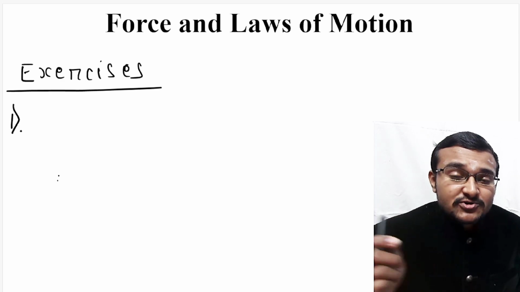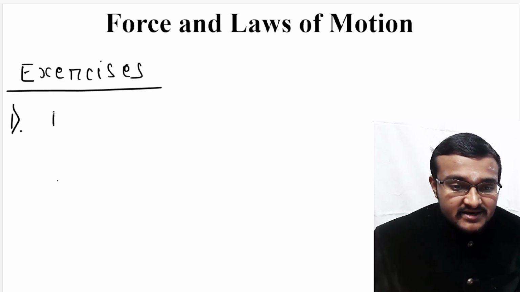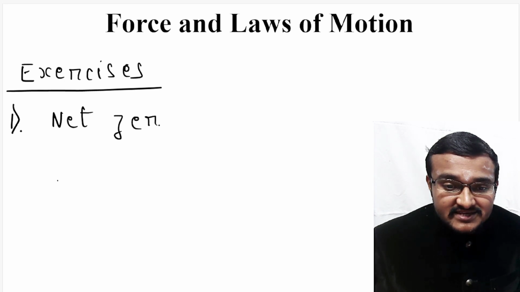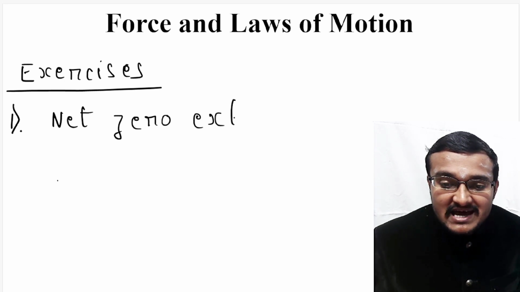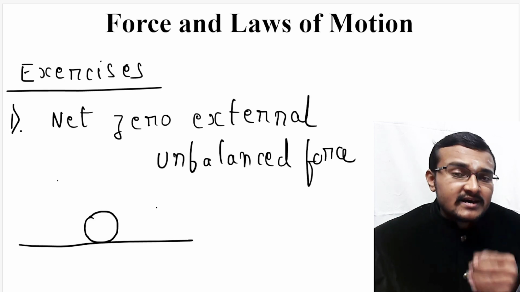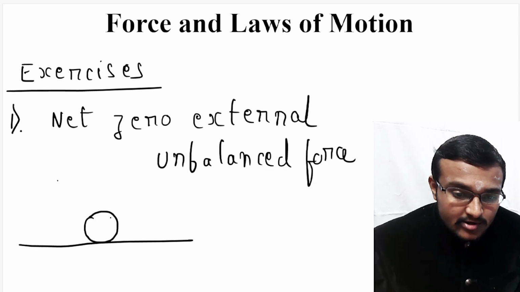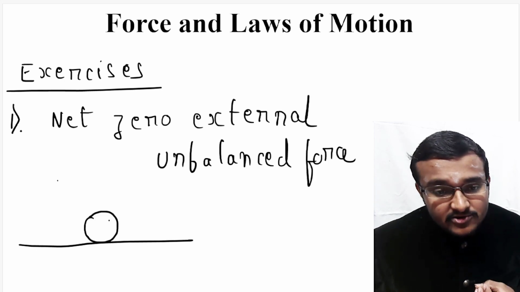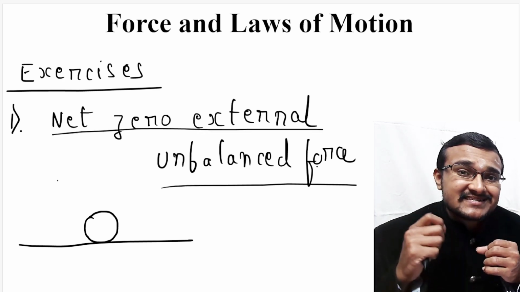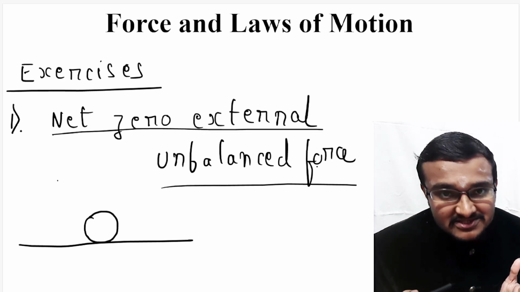experiences net zero external force. So here one thing you should remember, net zero external unbalanced force. This is what they have given here. Let us consider a particular object which is lying on a road, and the object is not experiencing any kind of external unbalanced force.